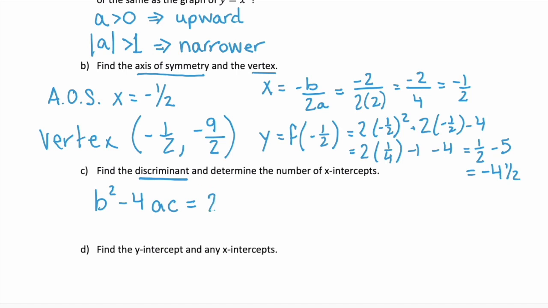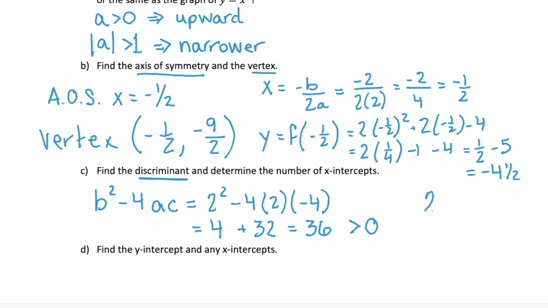So we have 2 squared minus 4 times a, which was 2, times c, which was negative 4. So this is 4, and we have a positive 4 times 4 is 16 times 2, that's 32. So our discriminant has a value of 36. And since 36 is greater than 0, we know that we have two real number solutions.